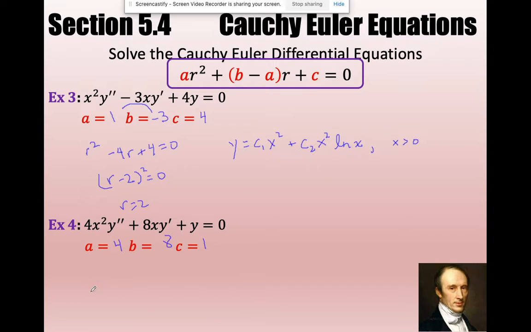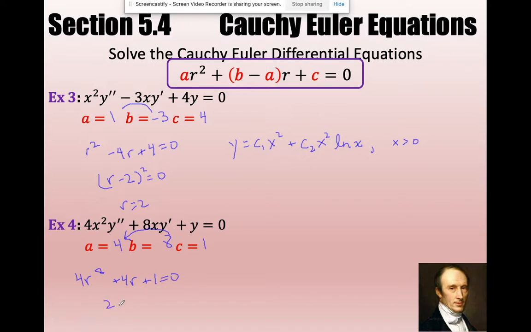So how about example 4? Example 4 is another example where I had repeated roots because I also ended up with r squared. 4r squared plus 4r, right? b minus a plus 1 is equal to 0.